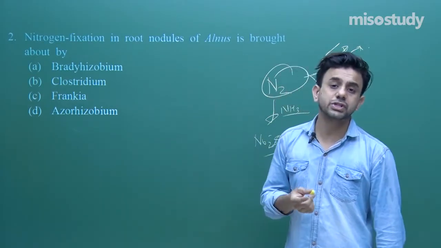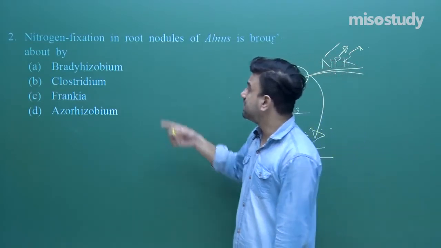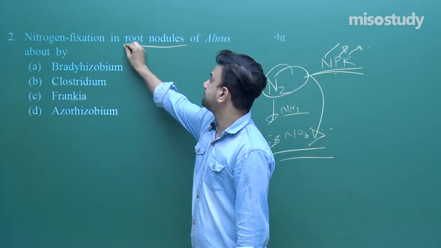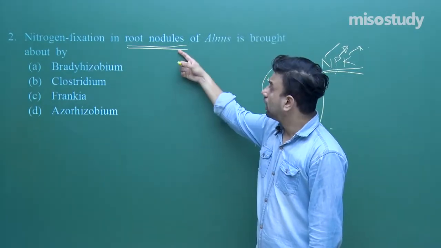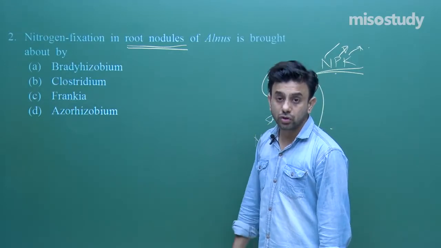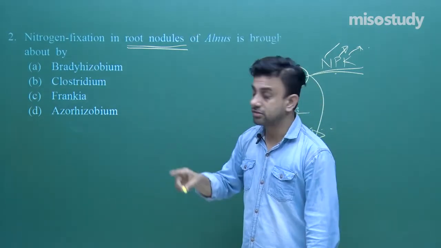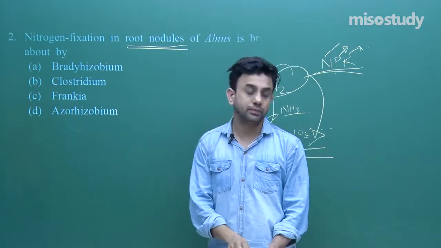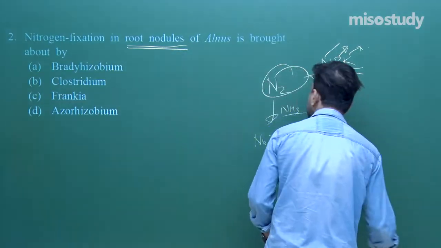Now nitrogen fixation mostly is done by leguminous plants, and we will see that they will form structures called the root nodules for nitrogen fixation. So we will just write this down.